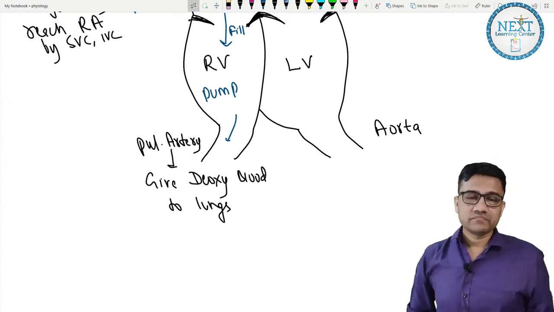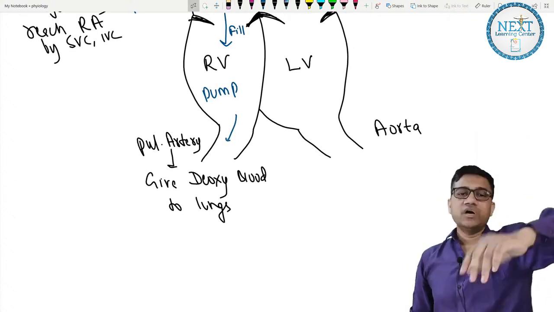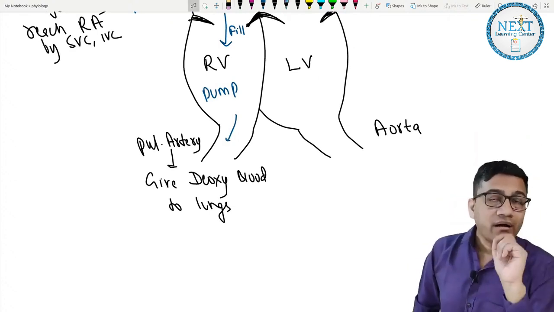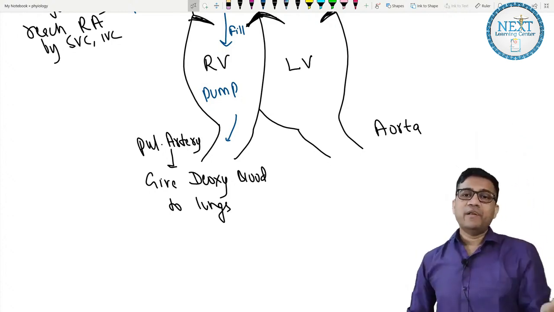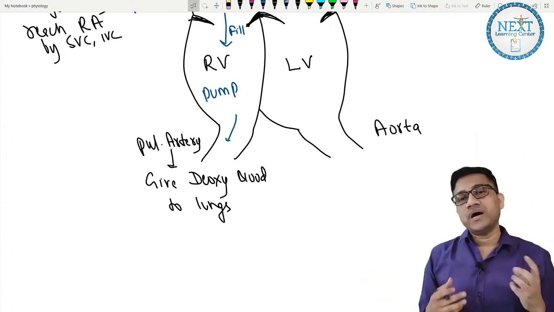Now the lungs will return oxygenated blood to the pulmonary veins, and pulmonary veins drain into what? Into the left atria.